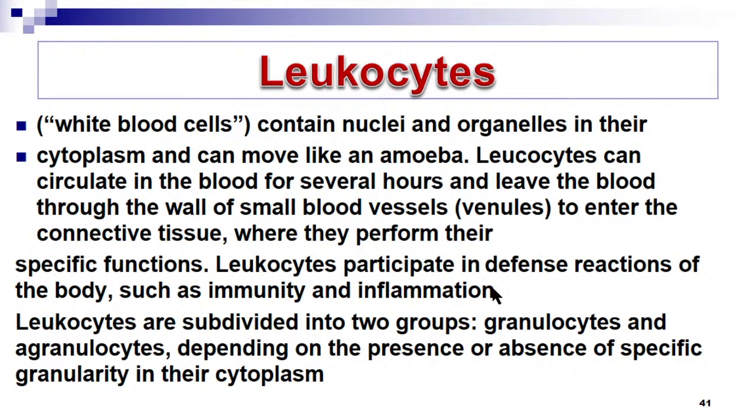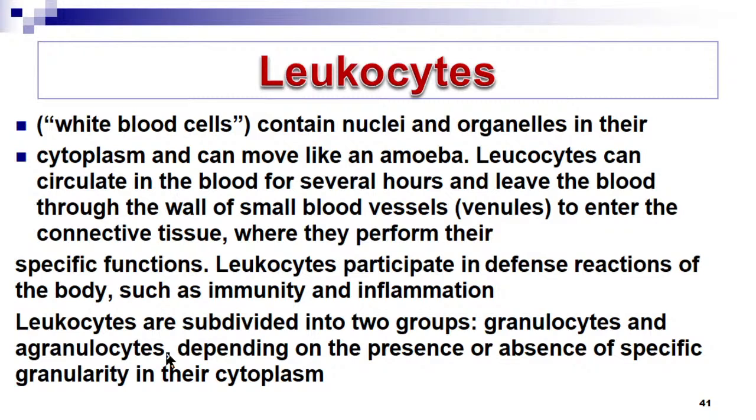Leukocytes participate in the defense reactions of the body, such as immunity and inflammation. For example, immune functions are provided by lymphocytes and monocytes, and inflammation sometimes is a combination of lymphocytes and leukocytes, basophils for example.